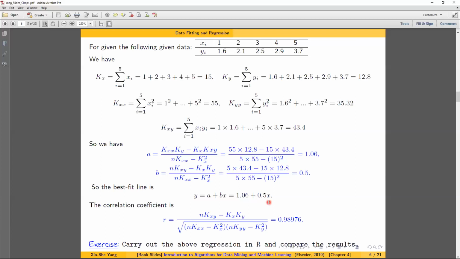Now, as an exercise, we want you to use this set of data and try to calculate a and b from this set of equations. Remember that I'm not asking you to use the linear model lm in R to fit the regression line.